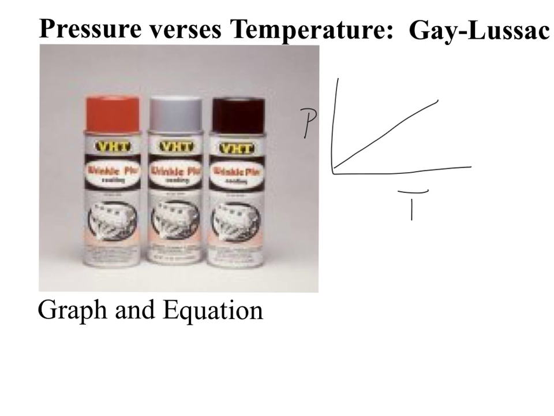As we increase the temperature, we wind up increasing the pressure. So this could be an aerosol can in a fire. So P1 over T1 equals P2 over T2.